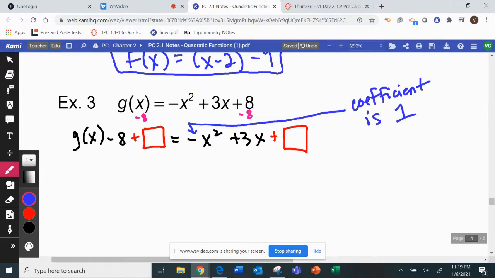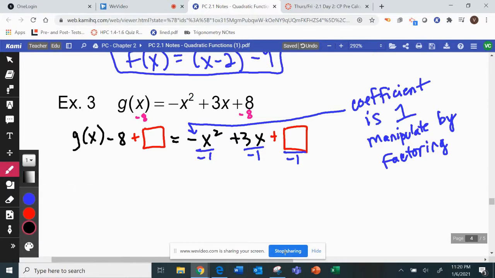So we're going to manipulate this a little bit. I'm going to factor out that -1 from the -x squared and the 3x. I'm also going to factor it out of the square, but I don't know what number that is, so I'm just leaving it blank for now.